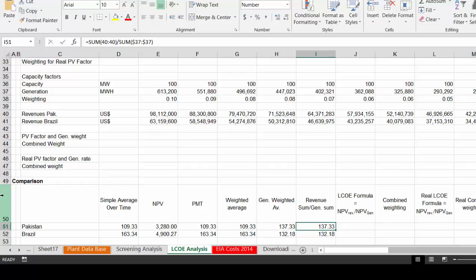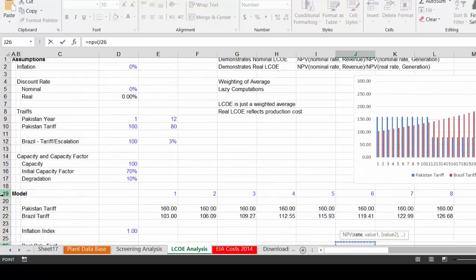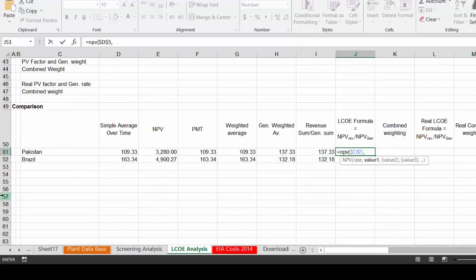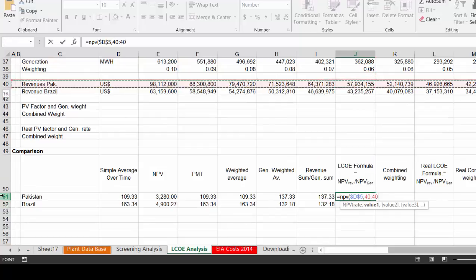Now if we took the NPV, it would be exactly the same as the sum. We took the NPV of the revenues divided by the NPV of the generation. In fact, let's take the NPV at our 0 discount rate, and take the NPV of just the generation, and divide that by the NPV.